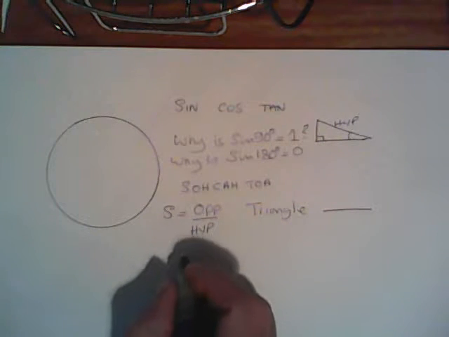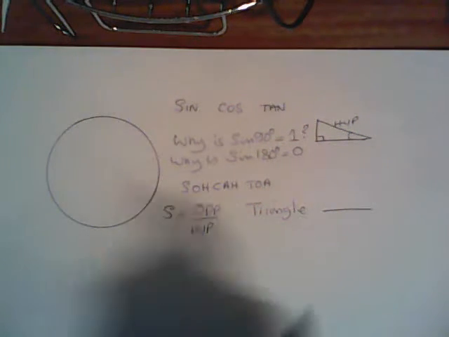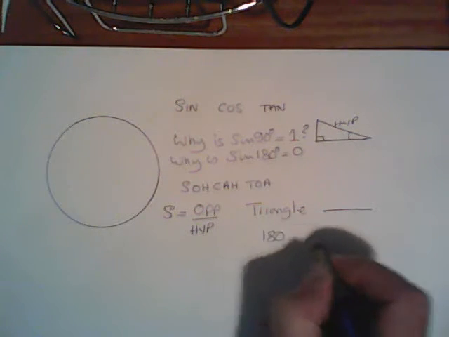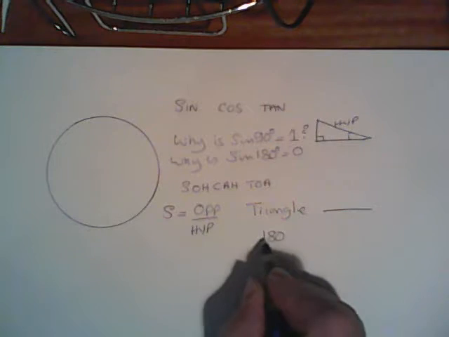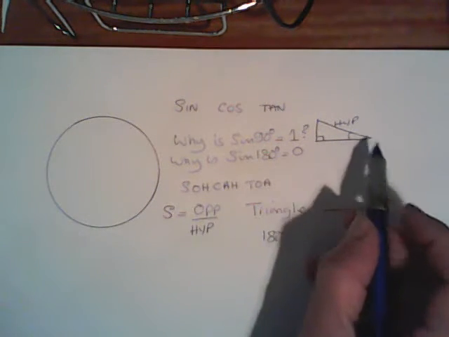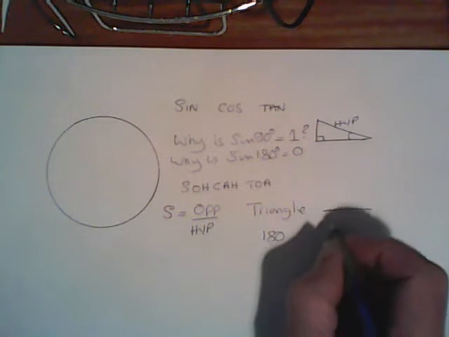Let's have a look at 180. 180 is the opposite direction. In this case, the opposite over the hypotenuse, the opposite is 0.